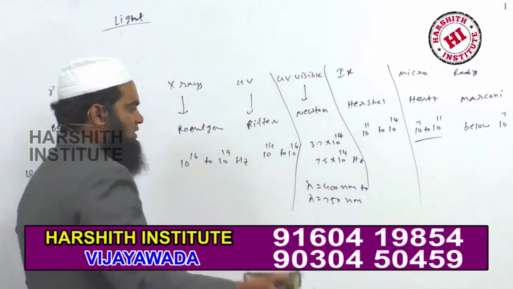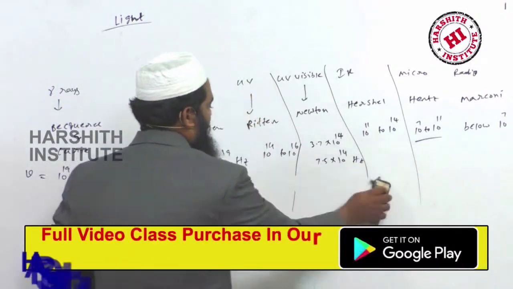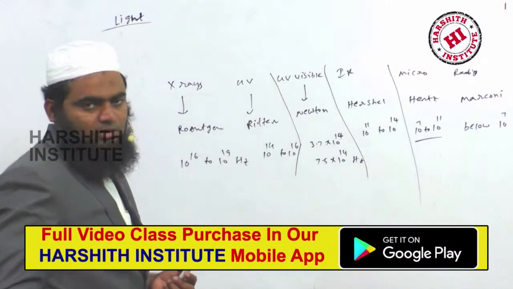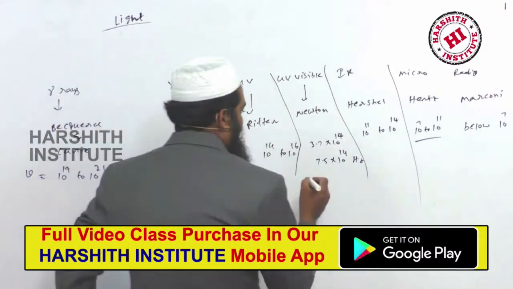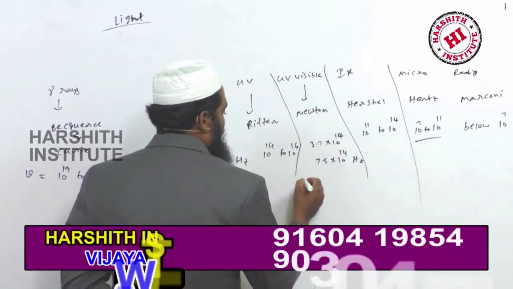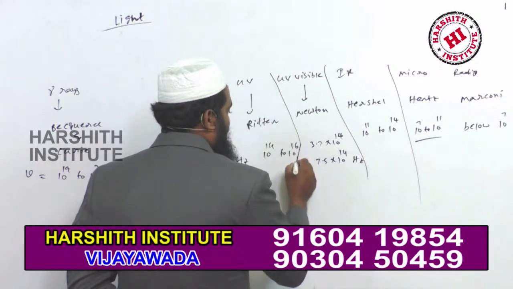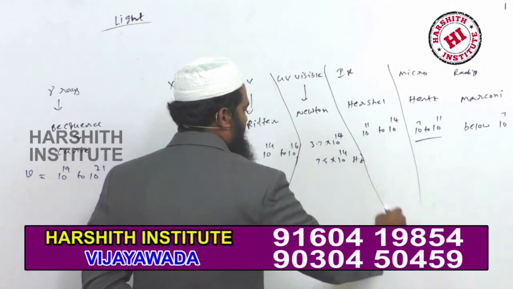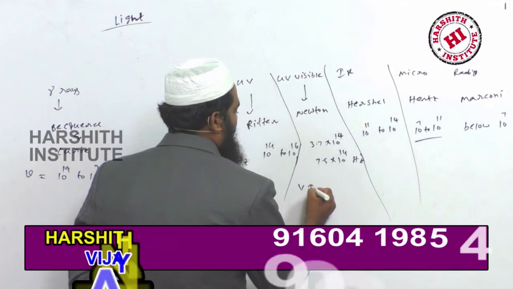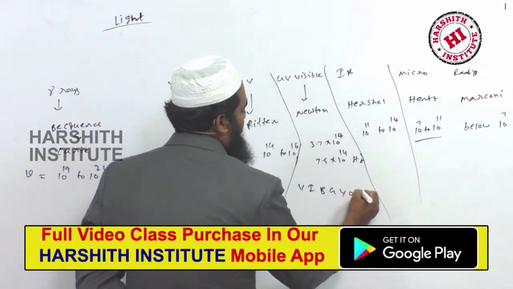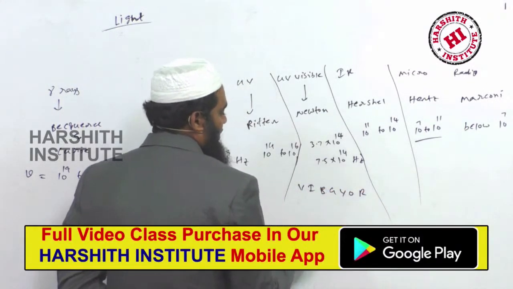Visible light has a different pattern. We see different colors in the visible range. This is called visible radiation. They form this type of pattern, VIBGYOR, different colors we observe.